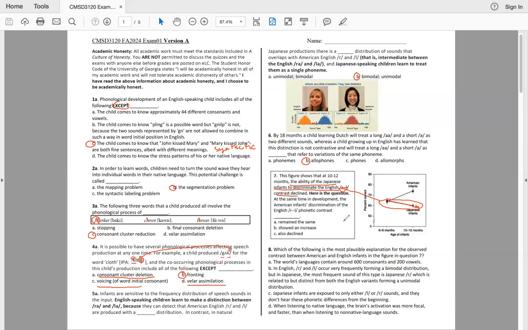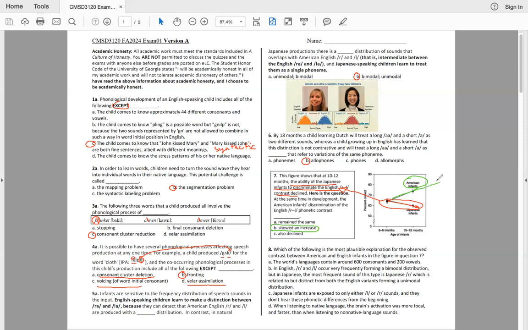At the same time, we see this is the American infant. Let's change the color. If we look at the American infant, we see that the ability to discriminate this L R sound, in fact, showed an increase.